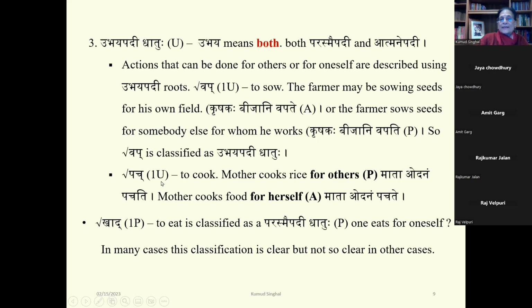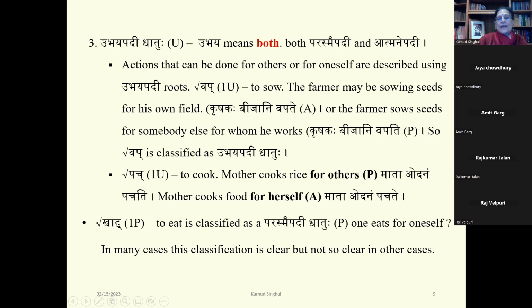Pach, again it is an ubhaypadi dhatu, to cook. Mother cooks rice for others. Mata odanam pachati. Mother cooks food for herself, then it becomes an atmanepada form. Mata odanam pachate. Now, this difference between atmanepadi and parasmaipadi is not always very clear.